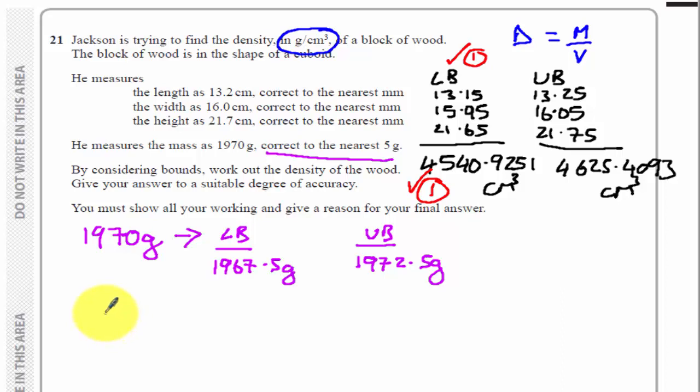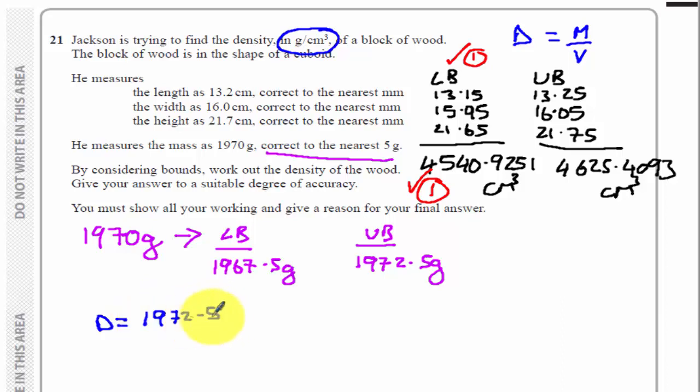So now I'm actually going to start to work out some of the density, which don't forget is mass divided by volume. What I'm going to do is work out the maximum possible density I could have, which would be the biggest mass divided by the smallest volume. So the biggest mass possible is 1972.5.